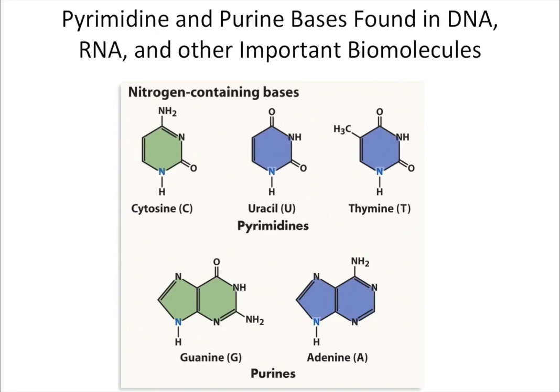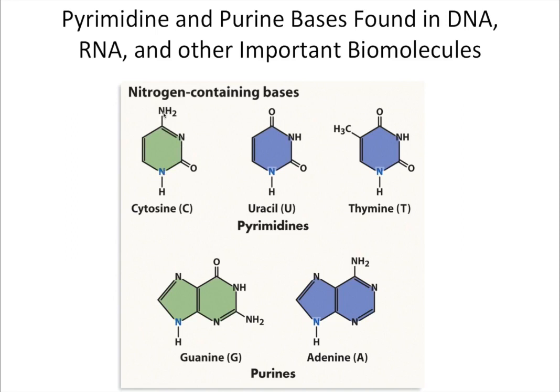There's a host of them, and these are known as the pyrimidine and purine bases. The pyrimidine, and this is just based on their structure. The pyrimidine structures or bases are shown at the top here: cytosine, uracil, and thymine. You can see these are characterized as almost aromatic rings that contain these nitrogen functionalities in it.